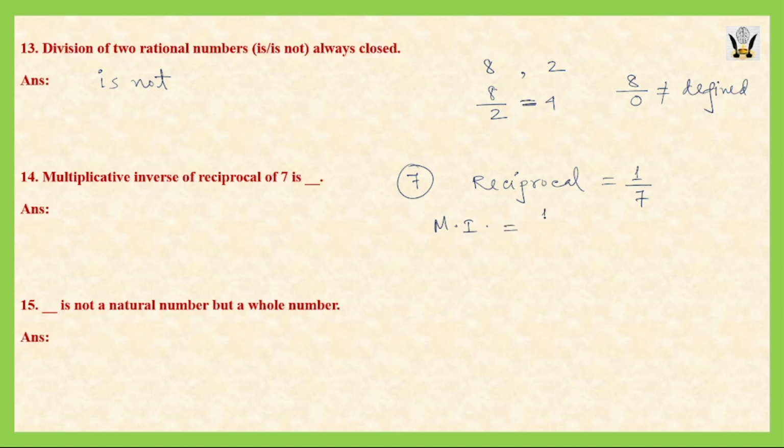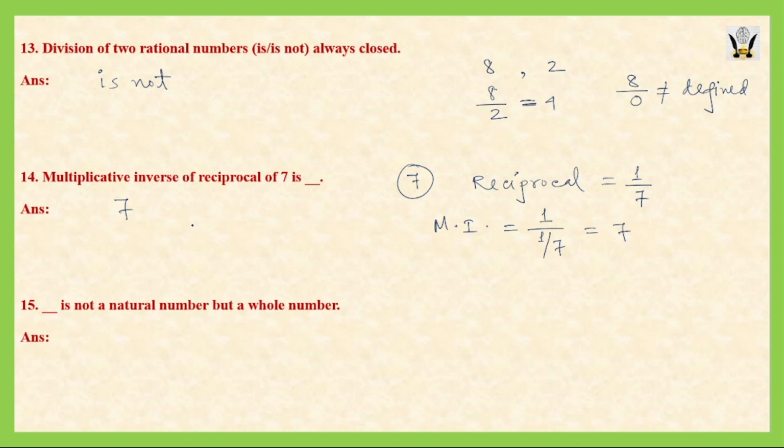So first we obtained the reciprocal of 7, which is 1 upon 7, and then the multiplicative inverse, 1 upon 1 by 7, finally will be 7 only. That means the multiplicative inverse of the reciprocal of any number is that number itself. So if the original number is 7, then the multiplicative inverse of the reciprocal of 7 will be 7 only. With closed eyes we can always answer, if this type of question comes, the answer will be that number only.